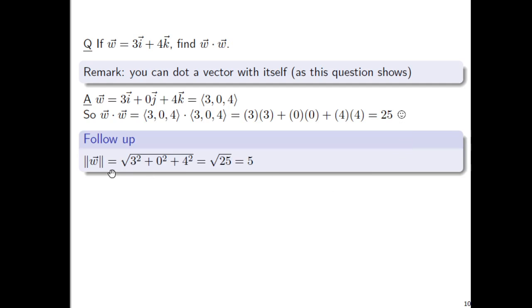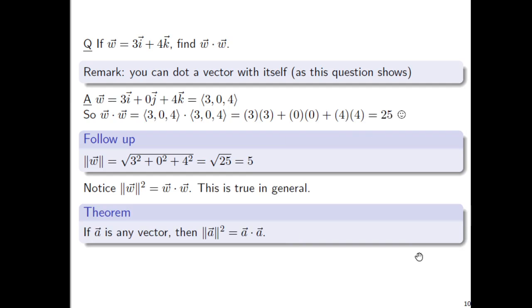By the way, as a follow-up, starting with this vector w, which had components ⟨3, 0, 4⟩, if you ran it through the magnitude formula, you'd get the number 5. Take a look: 25 was our answer for the vector dotted with itself, and 5 is our answer for the magnitude. This relationship occurs always. The magnitude squared, 5 squared, is the value we got for the dot product of the vector with itself, 25 in our example.